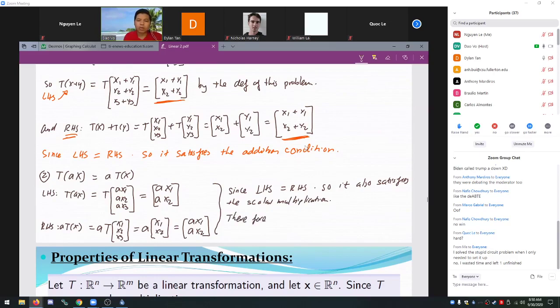Therefore, T of (x1, x2, x3) equal to (x1, x2) is a linear transformation.